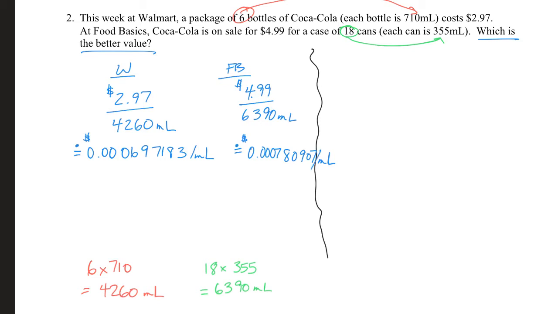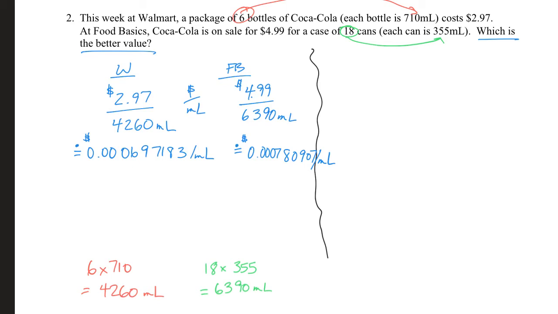Okay, which one has the better value? Well, to talk about better value, I have to look at my units. Right now my units are dollars per milliliter. If you have to pay something, do you want a lot of dollars per milliliter or few dollars per milliliter? Hopefully we want the cheapest price, which is the fewest dollars per milliliter.